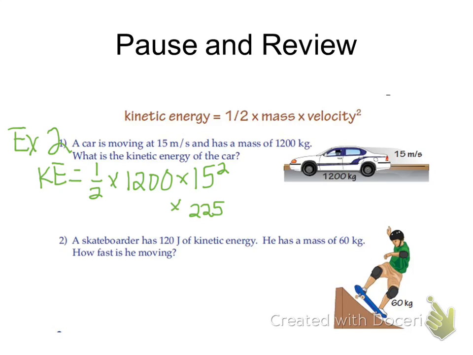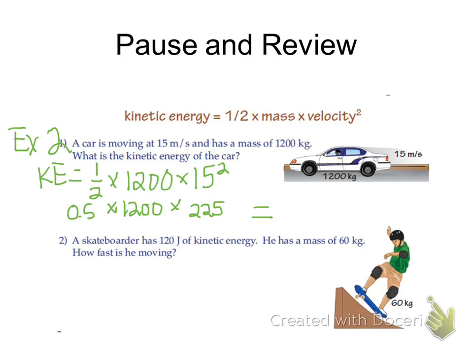Okay, so we got 225 times 1200 times, and I saw some of you writing 1/2 as a decimal. Is that okay? Yeah, okay. All right, who did the math? Who figured it out? As long as you set it up correctly there. Savannah, what'd you get? 1350 joules.